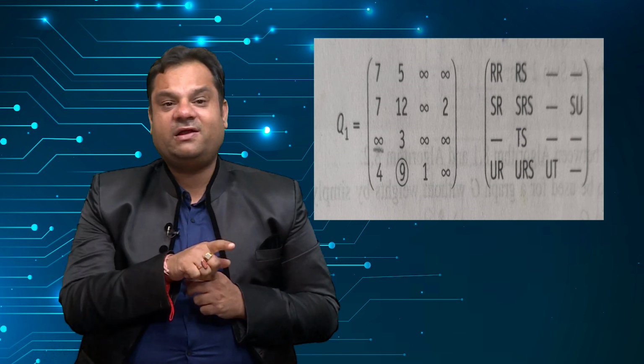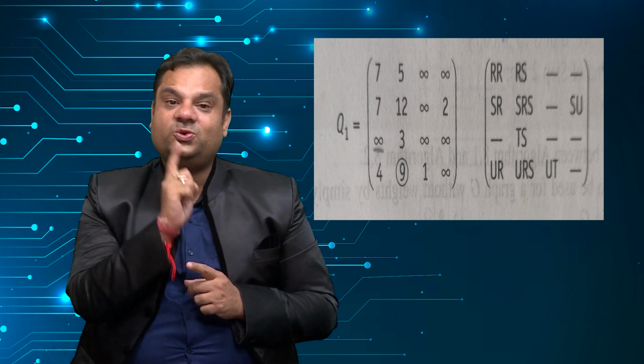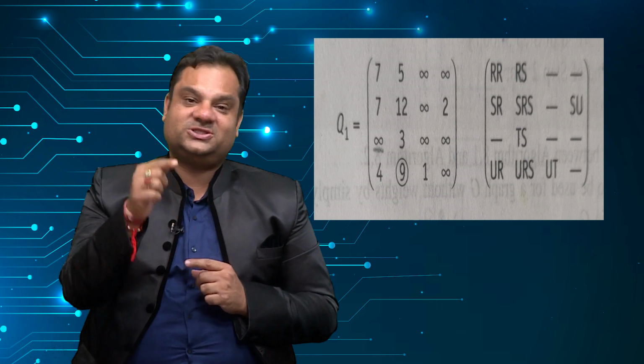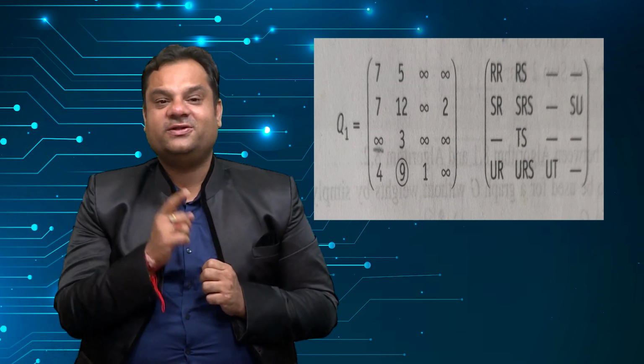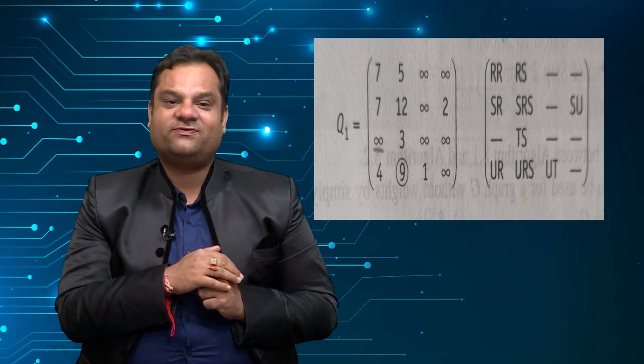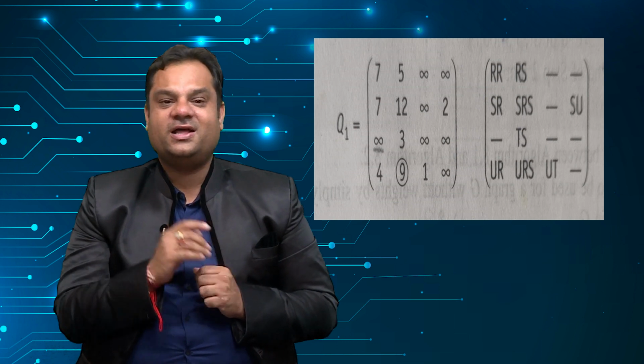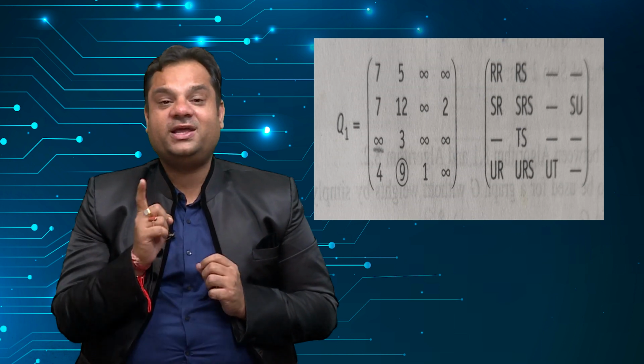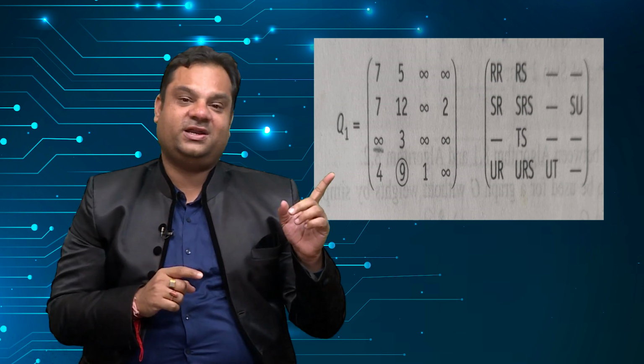There is no self loop, but with the help of R you can move from S to S. Initially the cost is infinite, but the new cost is S to R is 7 and R to S is 5. We take the value 7 plus 5, that is 12, and 12 is less than the infinite value.